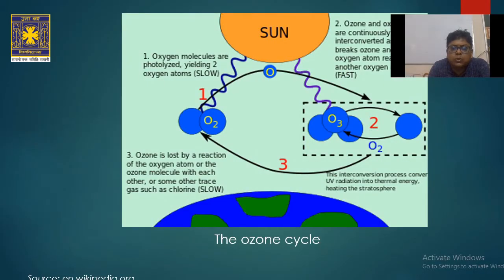This is the ozone cycle. Oxygen molecules are photolyzed, yielding two oxygen atoms. Ozone and oxygen atoms are continuously being interconverted as solar UV acts, and ozone is lost by a reaction of the oxygen atom.